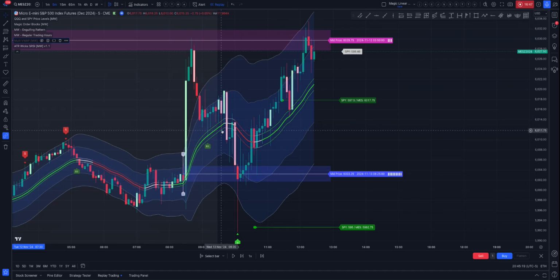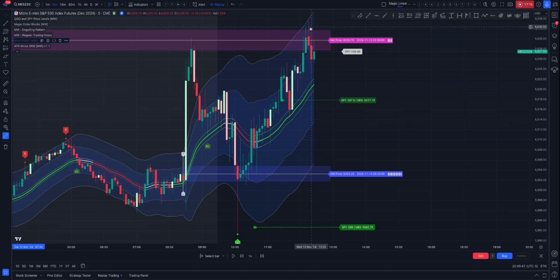In this case, it's a 21 EMA, and it gives me a direction of the trend with color coding, and it gives me some ATR bands to know when I'm extended. So here you can see this got extended way past the ATR band, and so that gave a lot more weight to the SPY 595 level, because if you're extended way out of the ATR band and you're hitting a price level, there's a good chance there's going to be a correction. And that's exactly what happened.